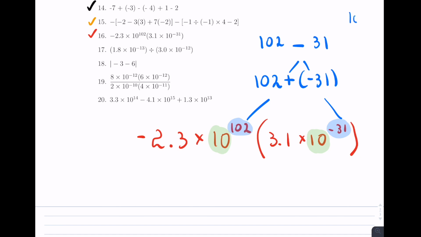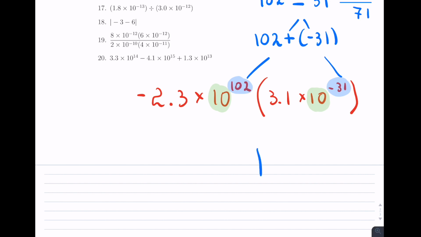We can do that, so 102 minus 31. 2 minus 1 is 1. Now 0 minus 3 we can't, so we have to take away this 1 here. But it's just 10 minus 3. So that's 7. So our exponent is 71.